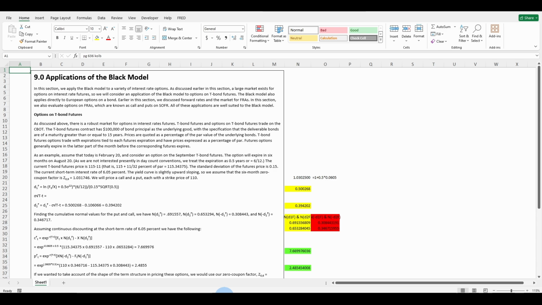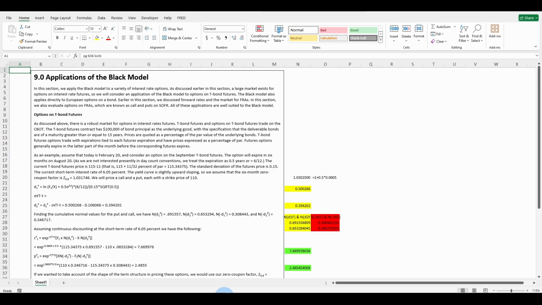Prices are quoted as a percentage of the par value of the underlying bond. T-bond futures options trade with expirations tied to each future's expiration and have prices expressed as a percentage of par.